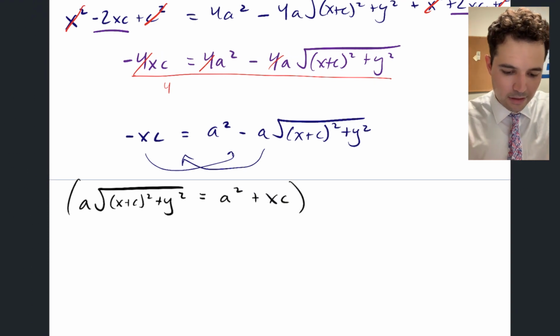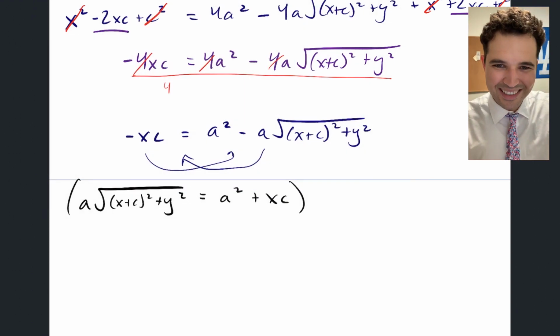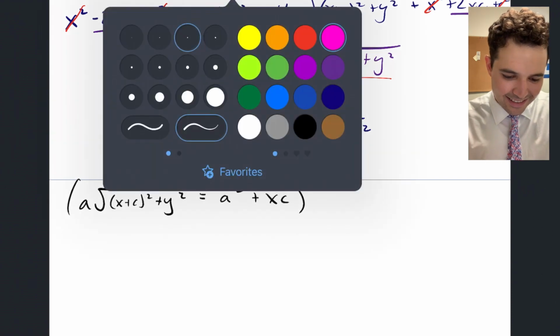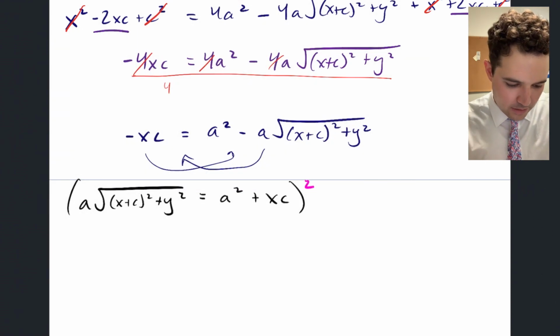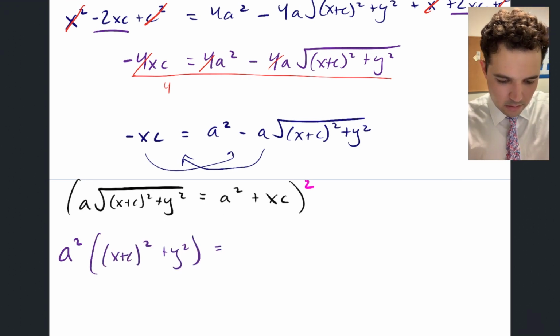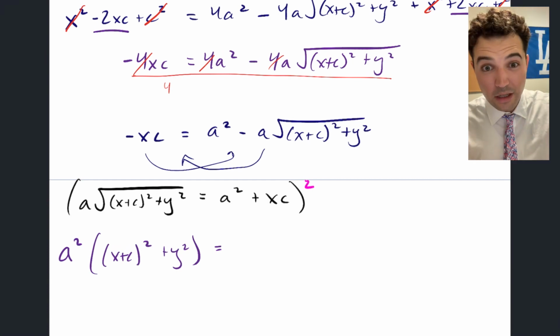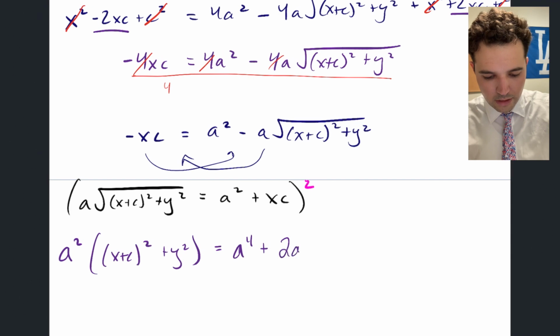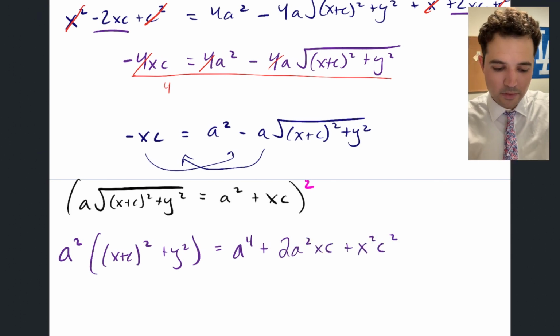And now, let's square it. So this is going to end up giving us a squared times quantity x plus c squared plus y squared is equal to, then squaring the entire right side, we'll have a to the 4th plus 2a squared xc plus x squared c squared.